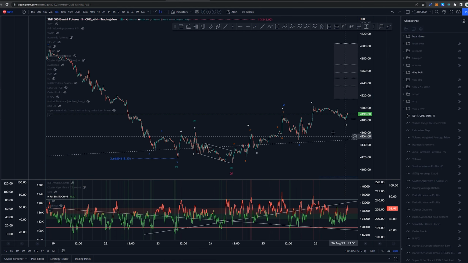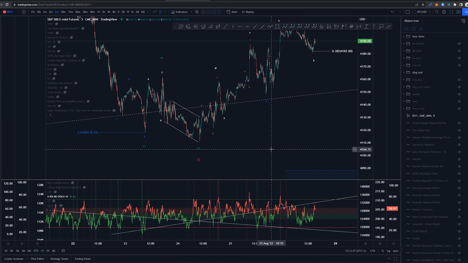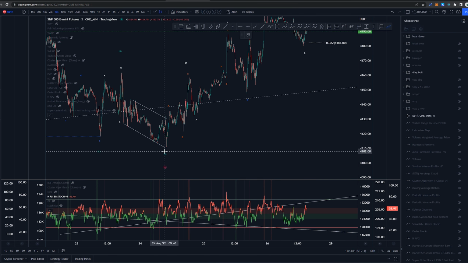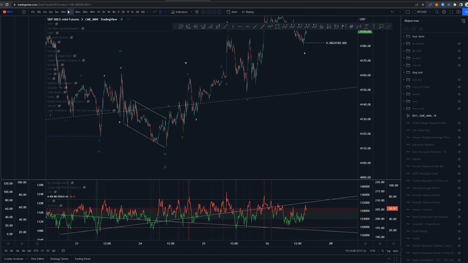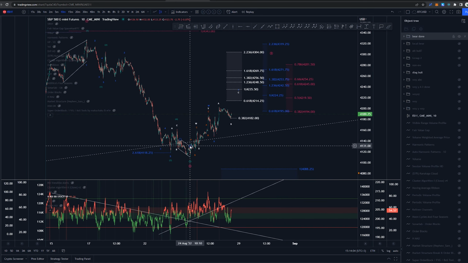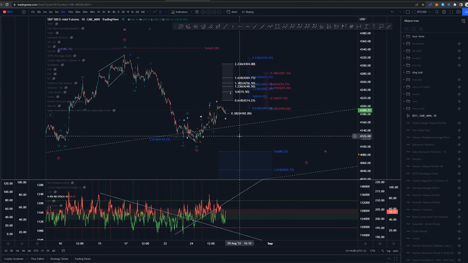I can't really get this into anything good looking, so the only thing I feel it has to be is, because we have this as the lowest low, this has to be the 5-wave move ending. So I feel like this has to be some kind of ending diagonal, although it doesn't measure up very well, and it looks almost expanding here at the end compared to contracting as it should be.